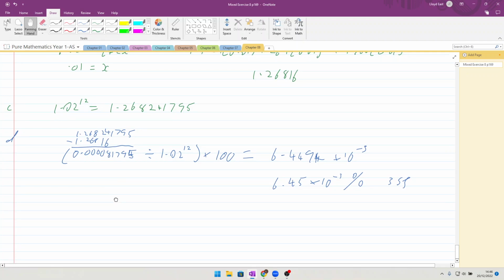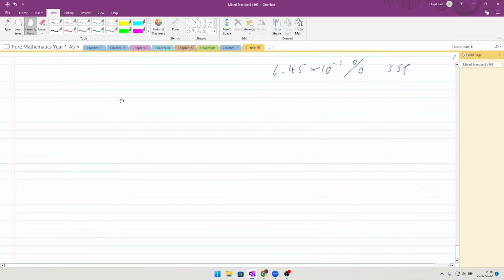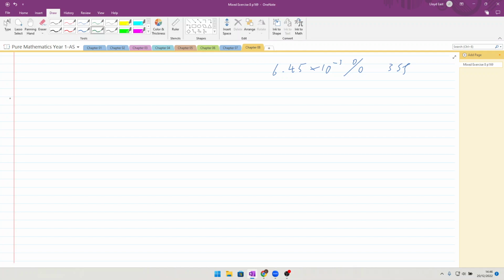Okay, question 12. Is very simply x minus 1 over x to the power of 5.